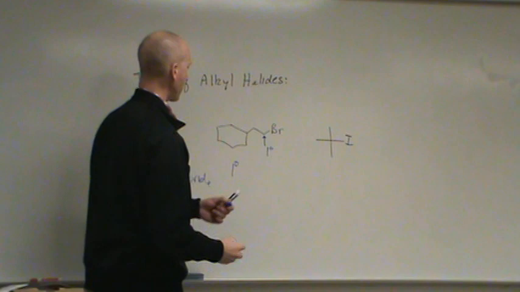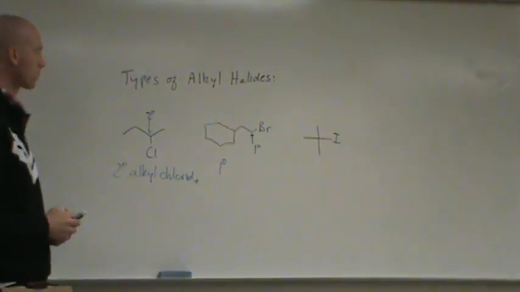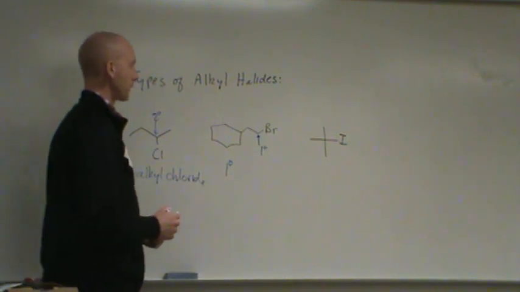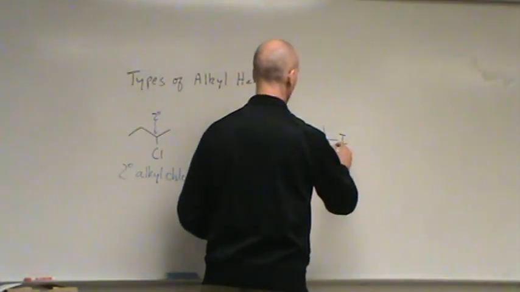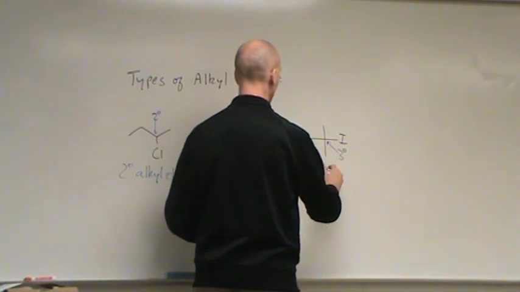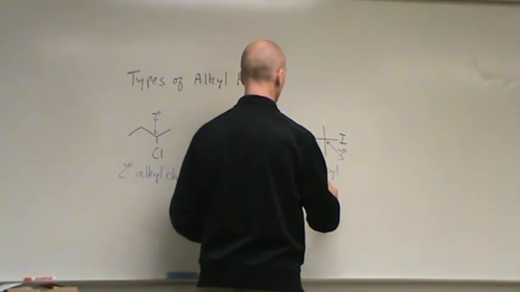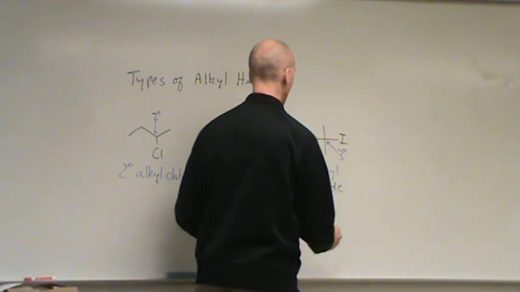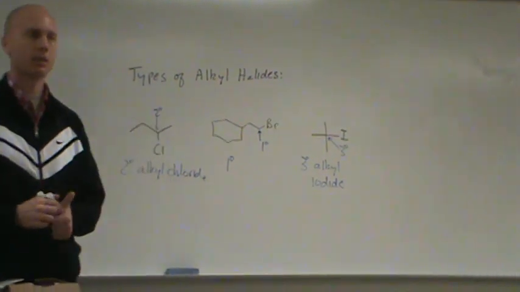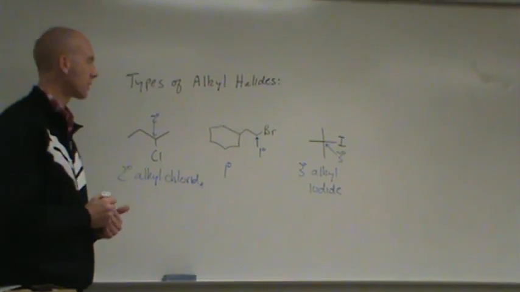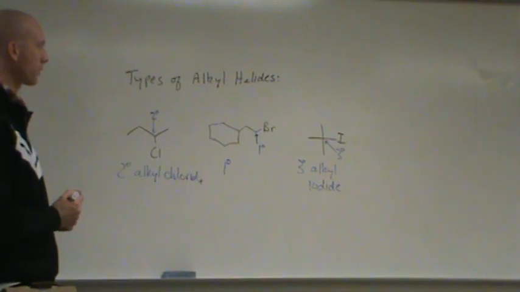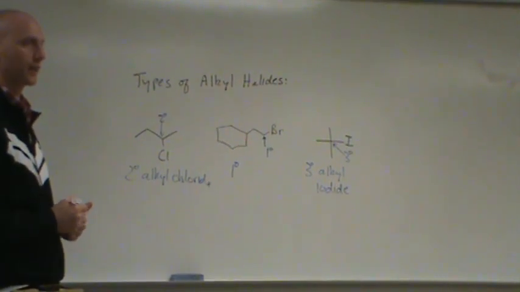So that would be a primary alkyl bromide. And the last one would be tertiary. That'd be a tertiary alkyl iodide. Okay, so pretty straightforward stuff. So we'll be using that nomenclature throughout the lecture today.